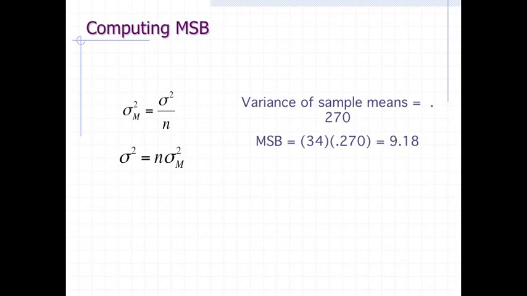For the Smiles and Leniency data, the variance of the 4 sample means is 0.27. To estimate the population variance, we multiply the variance of the sample means, 0.27, by n, the number of the observations in each group, which is 34. We find that MSB equals 9.18.